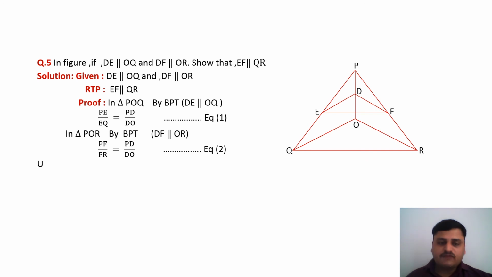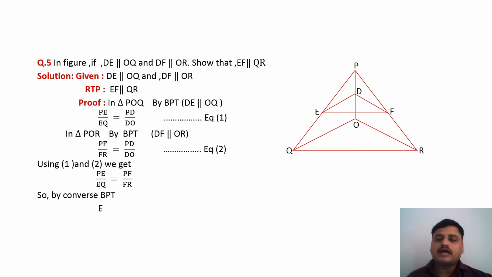Using equation 1 and 2, PD by DO will be cancelled, so PE by EQ is equal to PF by FR. And if PE by EQ is equal to PF by FR, then by converse BPT, if side ratios are in proportion, EF is parallel to QR. I think till this it is clear. So we showed by using converse BPT that EF is parallel to QR.